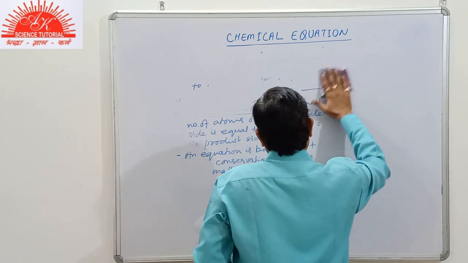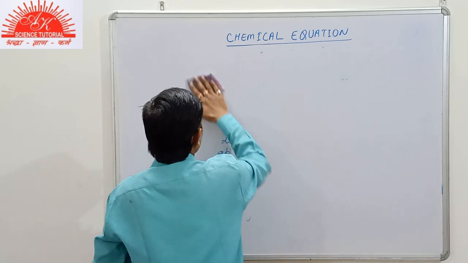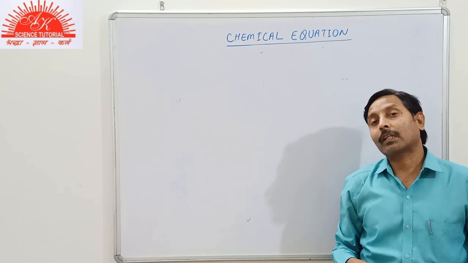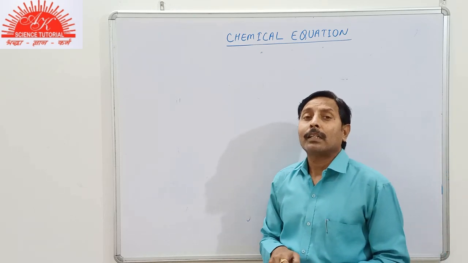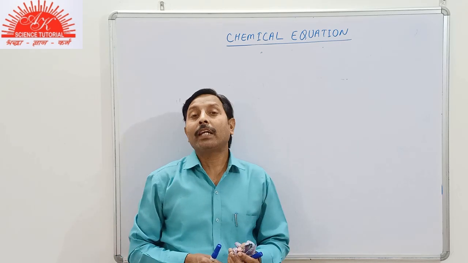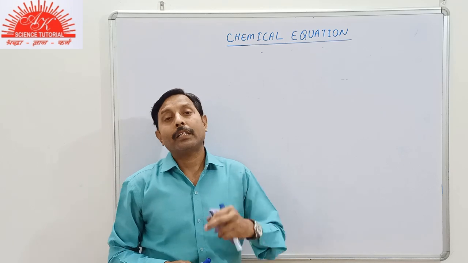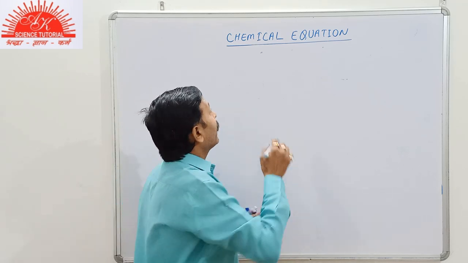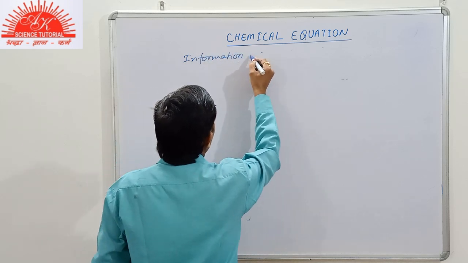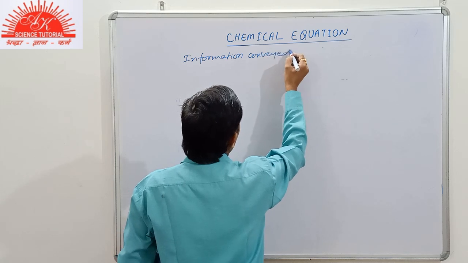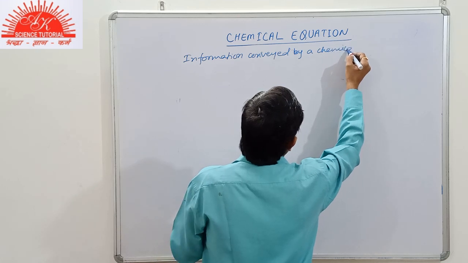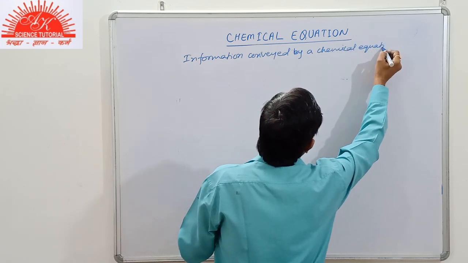Now, as we have studied symbols and formulae, how they are useful to us and what their significances are, similarly here we also have to study the information conveyed by a chemical equation.